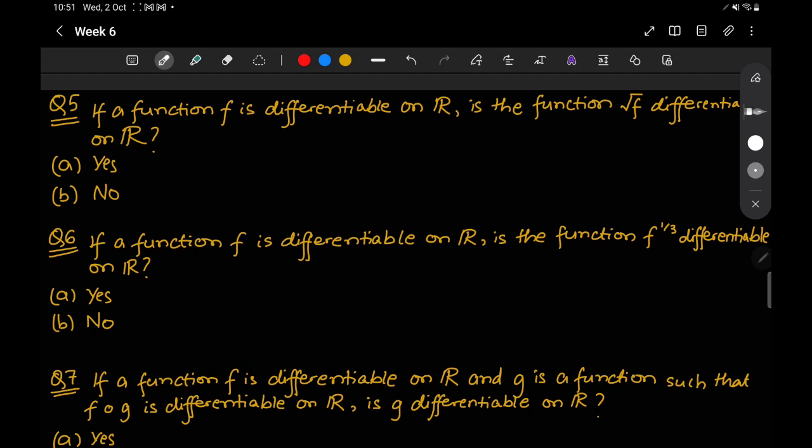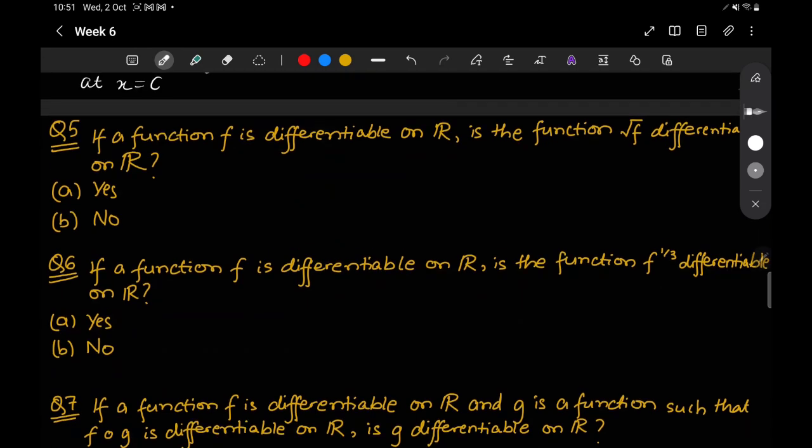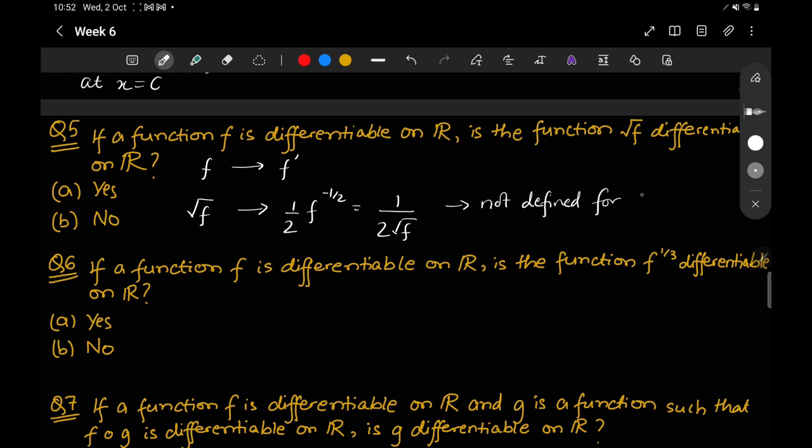Okay, let us now discuss the solution. So what we are given is that let's say this is a function, and if it is differentiable, then you have the derivative denoted as f prime. Then root of f, the derivative of that is going to be 1 over 2 f to the power minus 1 by 2, which is 1 over 2 root f, and this will be not defined for f equals 0.